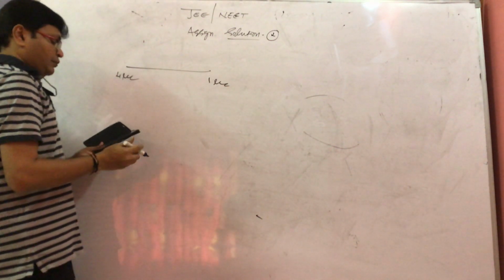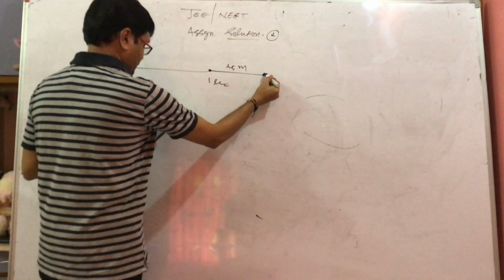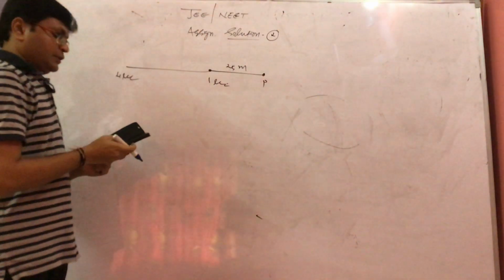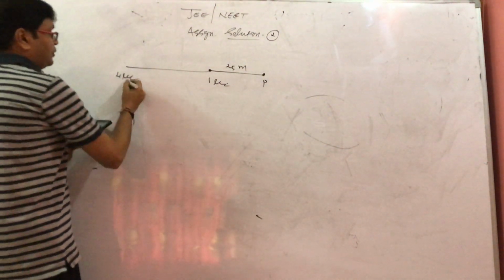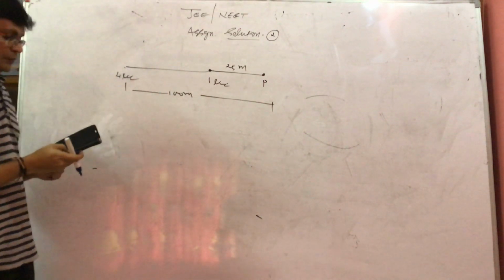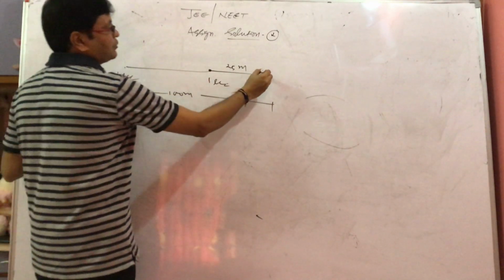From the 1 microcoulomb charge, at a distance of 25 meter, the point P is situated, and this point P is also at a distance of 100 meter from the 4 microcoulomb charge. So what is the electric potential at point P? We have to find the potential here.